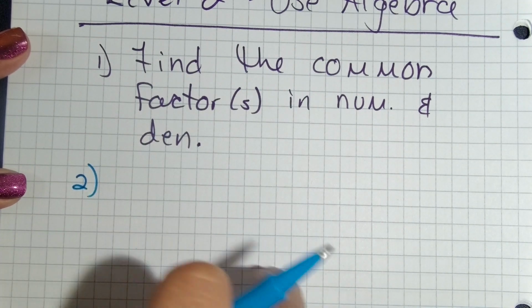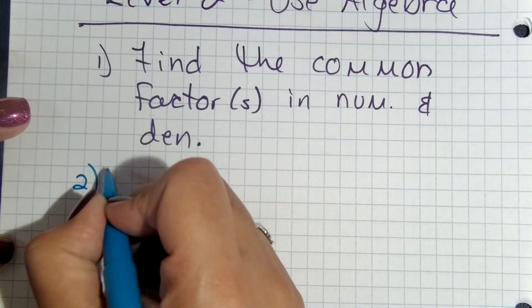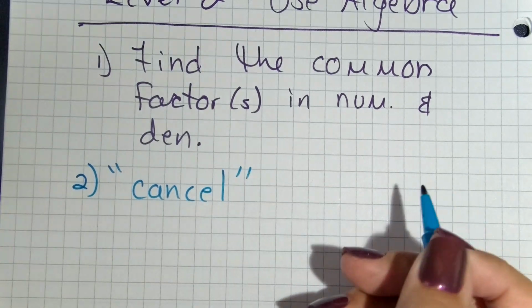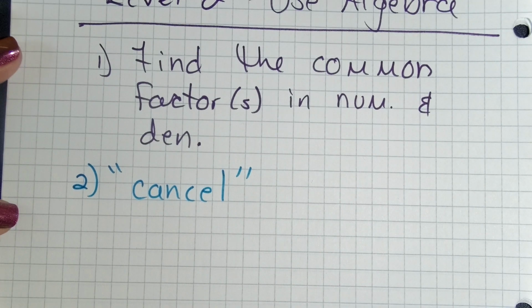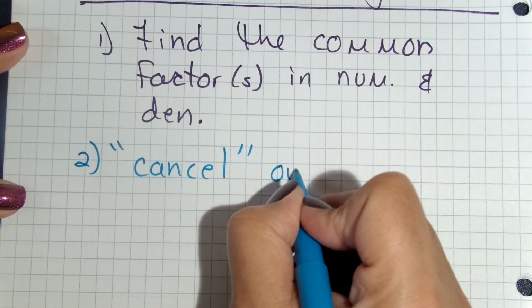When you've found the common factor or factors, because it could be 1 or 2 or 3, you want to cancel, and I say cancel because I don't know of another mathematical term other than divide, but then that would confuse you sometimes. Cancel out the factors.